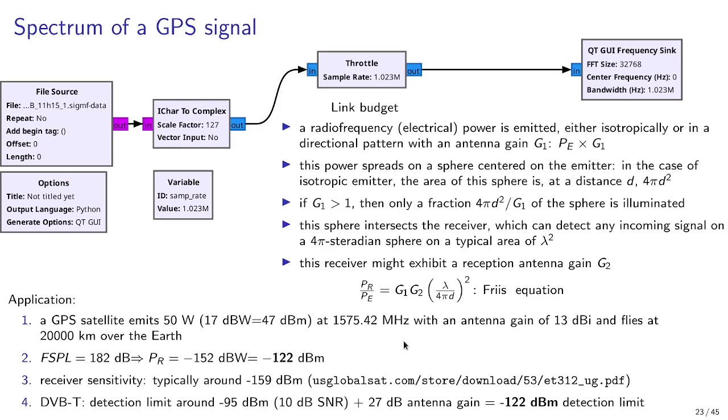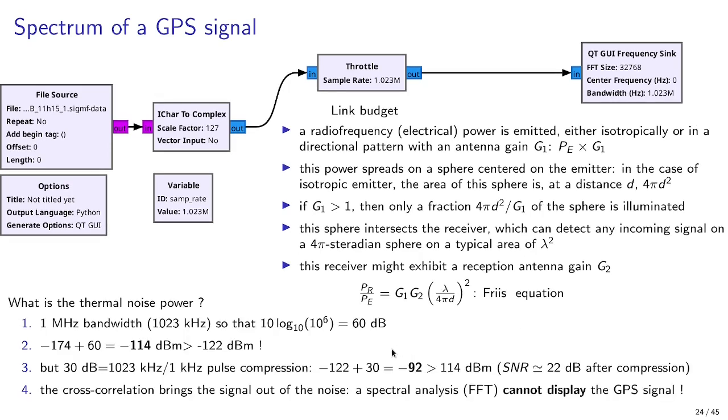However, over the 2 MHz bandwidth, the noise thermal density at room temperature at 300 K is the Boltzmann constant multiplied by the temperature in Kelvin, and this is minus 174 dBm per hertz. Multiplied by the bandwidth of 2 MHz or 63 dB, we end up having minus 174 dBm per hertz plus 63 dB, which is the bandwidth of a GPS signal, or minus 111 dBm.